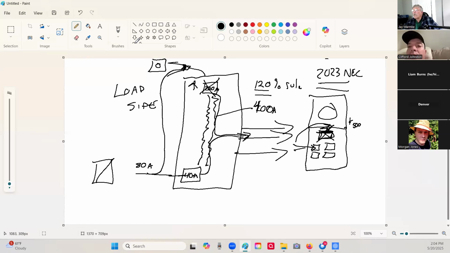Okay. Another thing to bear in mind when you do this, and this is kind of getting a little bit ahead as well, is in your main box, you're going to have a neutral bus bar and you're going to have a grounding bus bar, right? Oftentimes, if you look inside, there's no distinction. In mine at home, I've got white wires going in there.